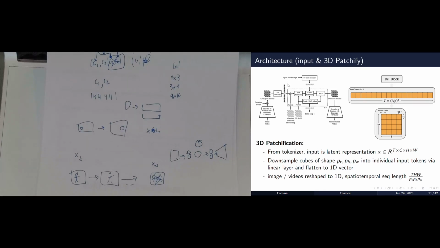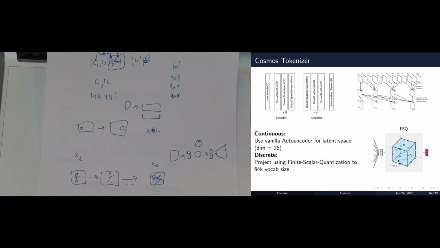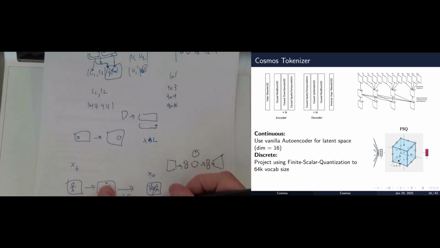Why is it a cube? I think that's just how they represent it. The point is that you can think of it as a cube, because every single one of these is the encoding from a single frame, and then you have the next one, which is the next frame.